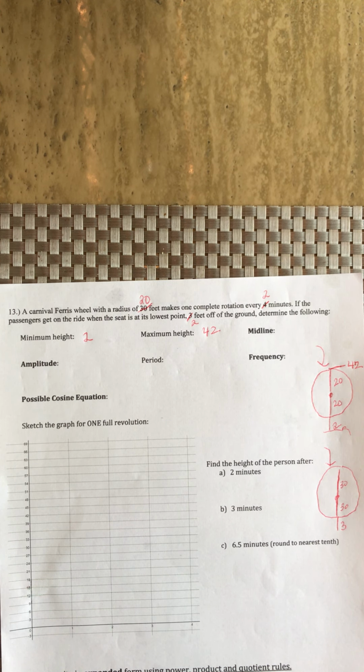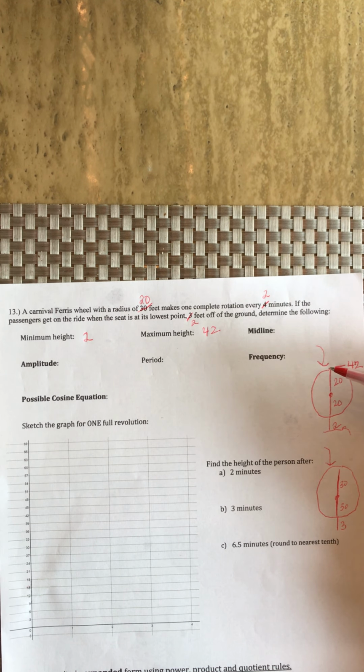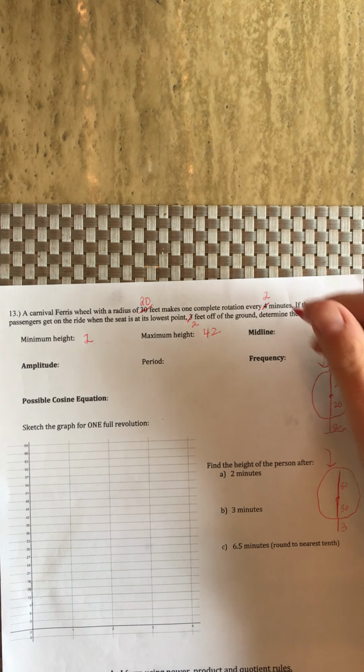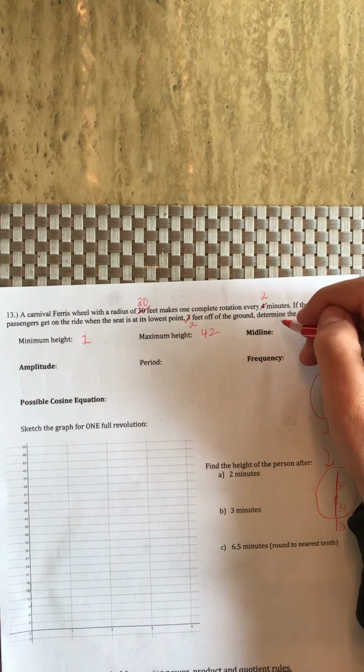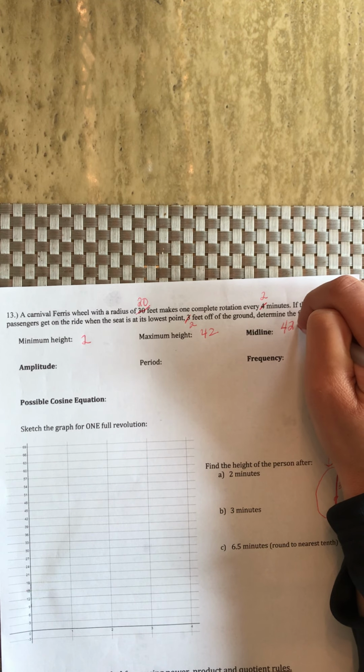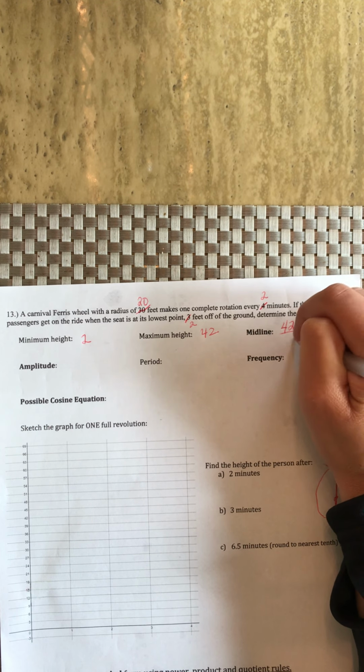Okay, your midline is going to be 22. Now remember, to find the midline, you're going to take your lowest point to your highest point and divide it by 2. So I have 42 plus 2 divided by 2.